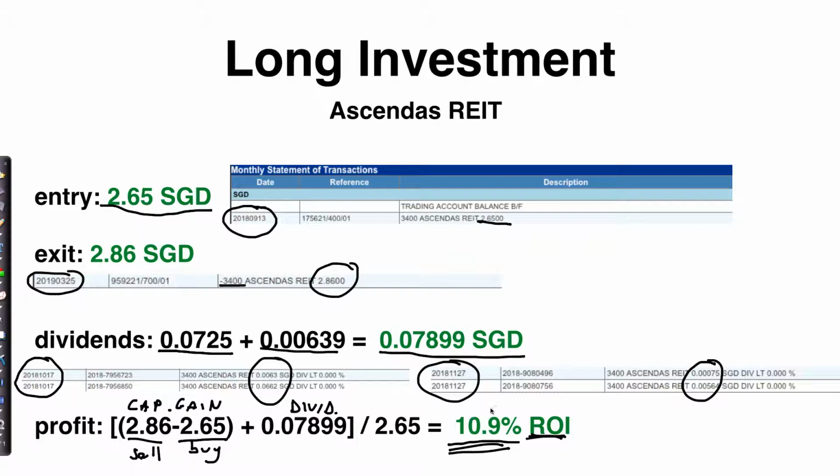So here you see this number is nothing crazy. It's not the 200, 300, 400% that you see sometimes. Why? Because this was made with a cash account, meaning I didn't use any leverage. And why is that so? Leverage, in my opinion, and I shared this in previous videos, is good for trades. Why?